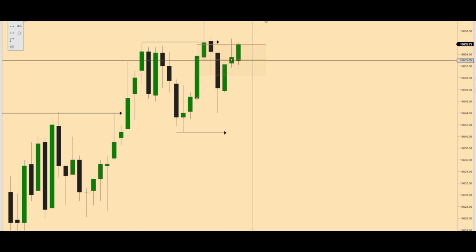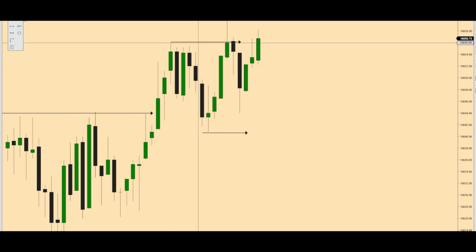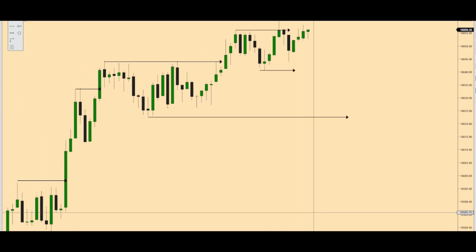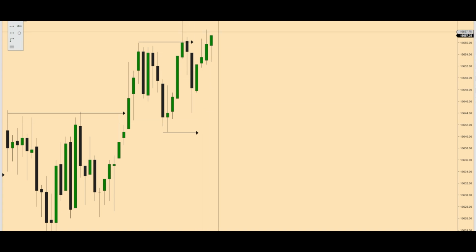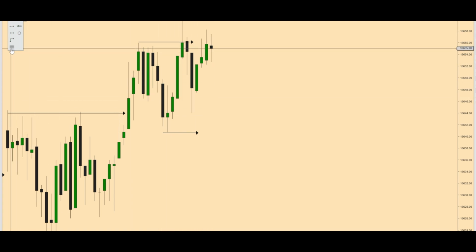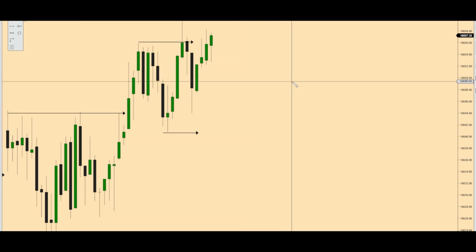So this is something I need to practice. Failure swing, pull back. If we fail again, we could look for a kind of double top. The double top zone oftentimes breaks down and comes back into the 50.